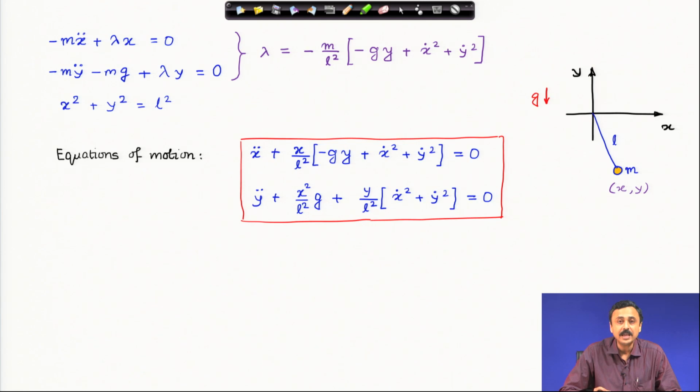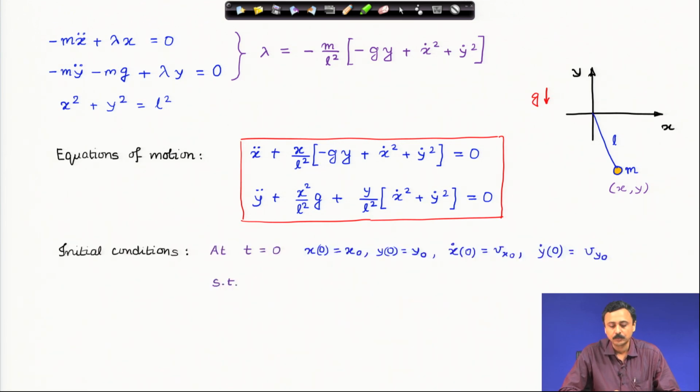Can I specify x dot and y dot independently? I cannot. Why? Because they are all related by the constraints, remember. Therefore, even though we have obtained 2 equations in 2 unknowns, solving them or setting the initial conditions is yet another step. What do we do? We have 2 coupled second order ordinary differential equations.